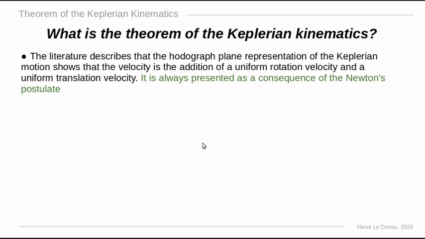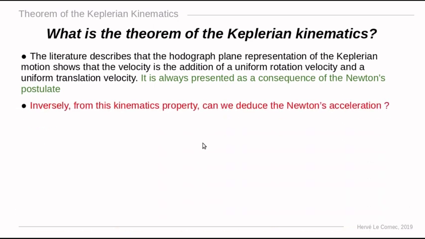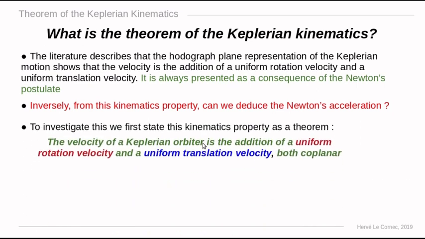This property is, however, always presented as a consequence of Newton's postulates, which is always presented as prior to anything else. But now, inversely, starting from this kinematic property, can we deduce Newton's acceleration? To investigate this, we first state this kinematic property as a theorem here.